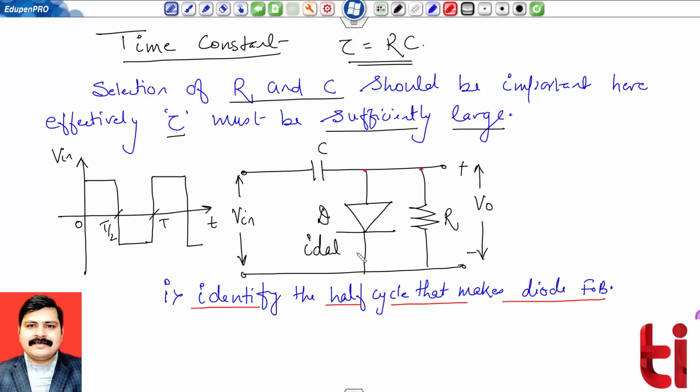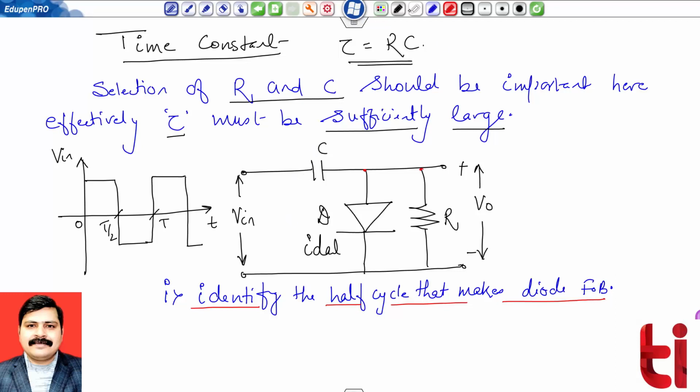One is through this diode, and the second path is through this resistance. The charging time should be as minimum as possible. If the diode is forward biased, its resistance will be less, so it is better to charge this capacitor through the path in which the diode exists. Therefore, you have to smartly choose the half cycle that makes the diode forward biased so that the capacitor will be charged quickly.